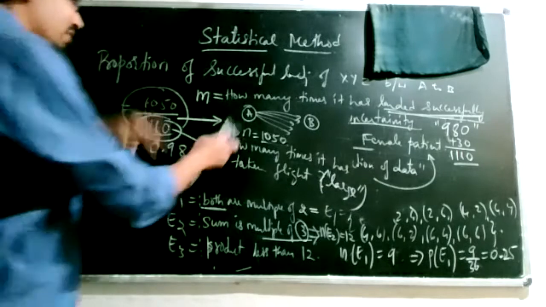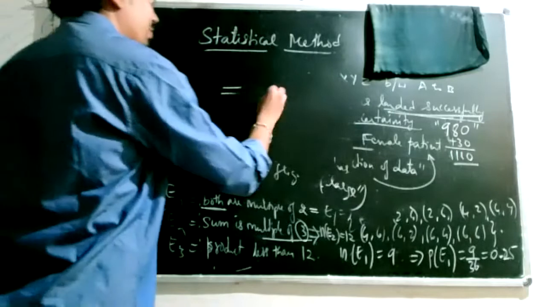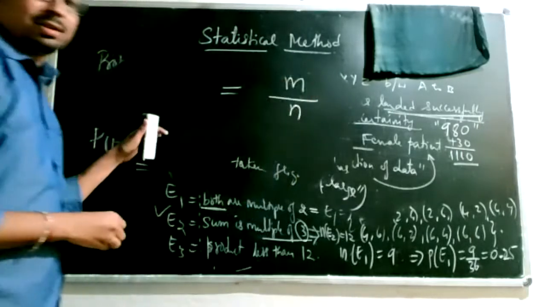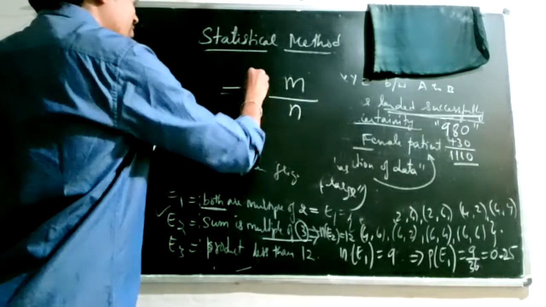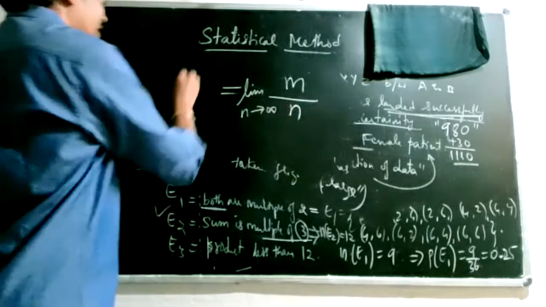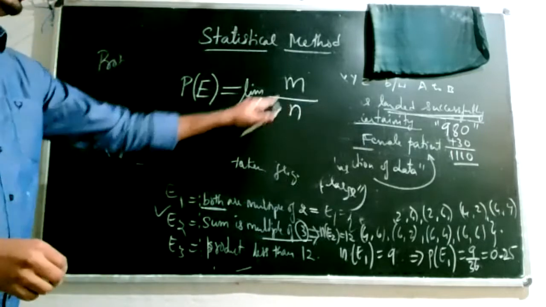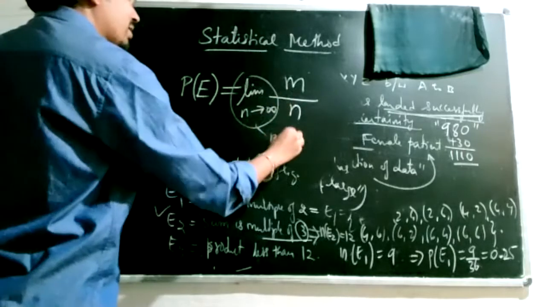So summarizing this in mathematical form, if you are conducting the experiment n times, out of which you have observed the success or favorable outcome m times, where n is very large, in that case we call the probability of the event that limiting ratio m by n. So this just indicates that n should be large.